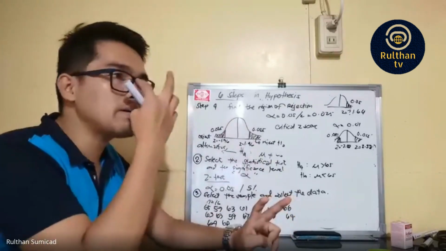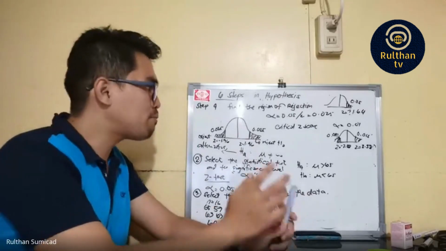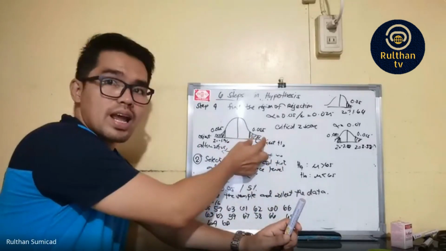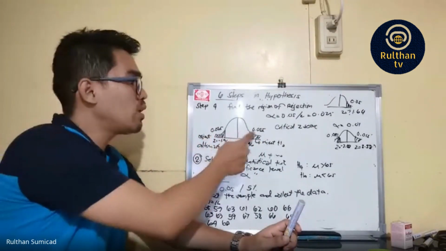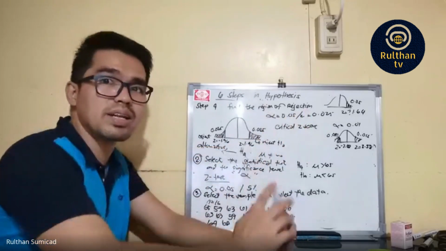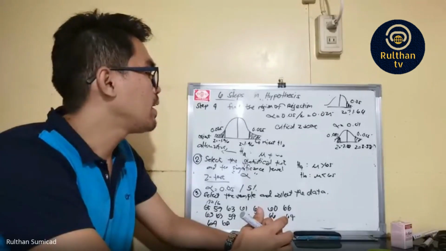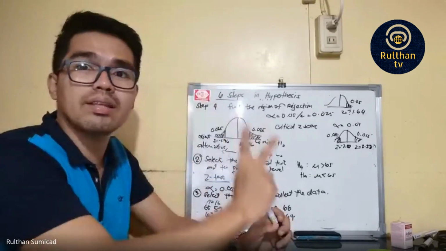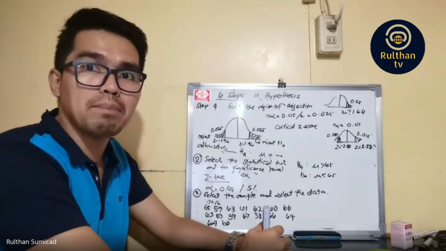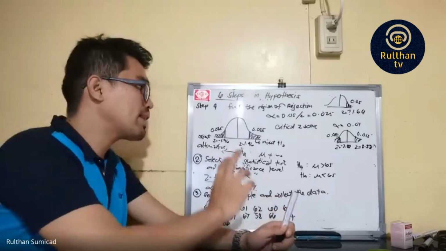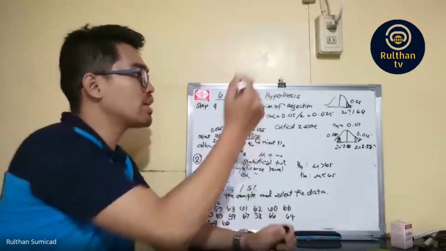But if our basis of decision is the p value, and the p value falls in this region or in this region, meaning it's less than 0.025 in this direction, that means we reject the null hypothesis. The other way is comparing our p value to the alpha. Since our alpha here was subdivided into two, our designated alpha is 0.05, right?